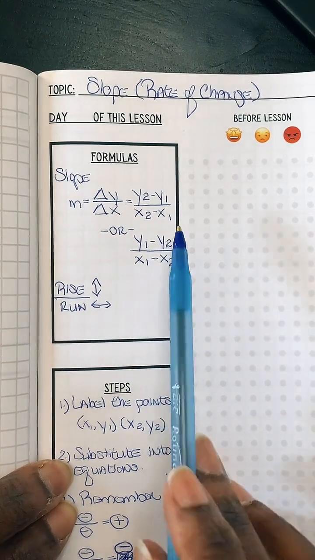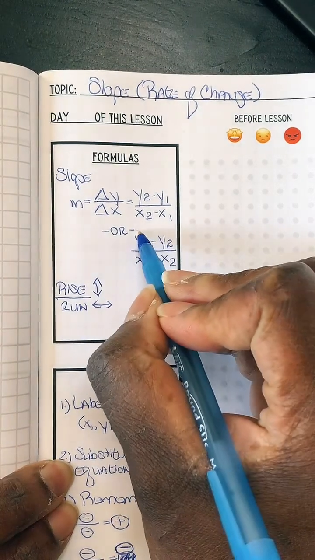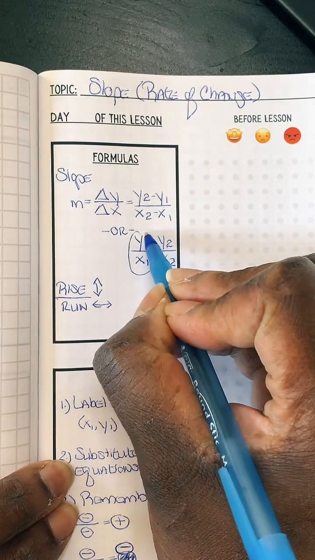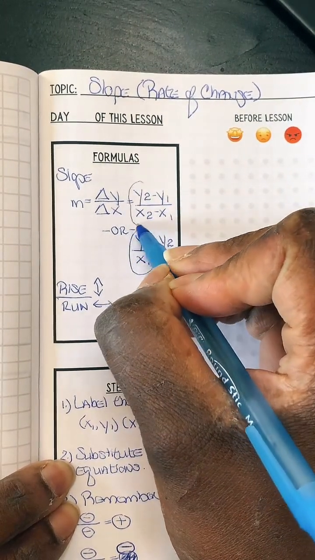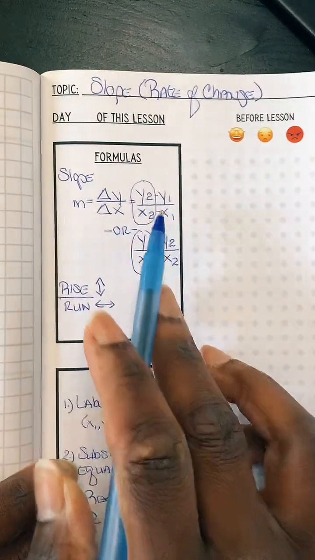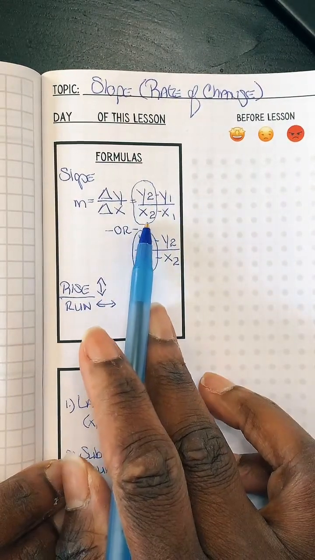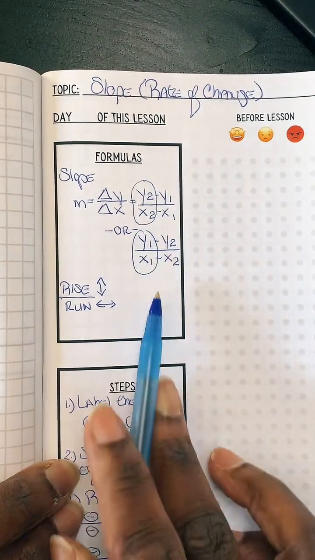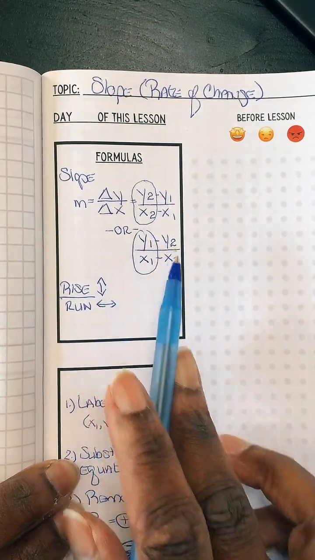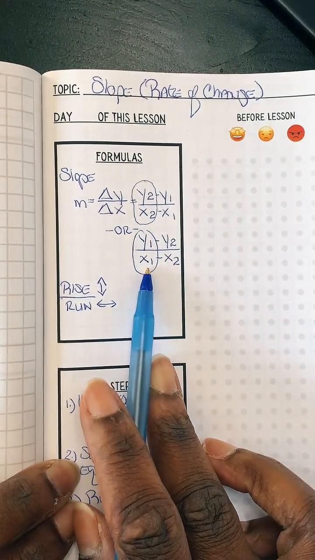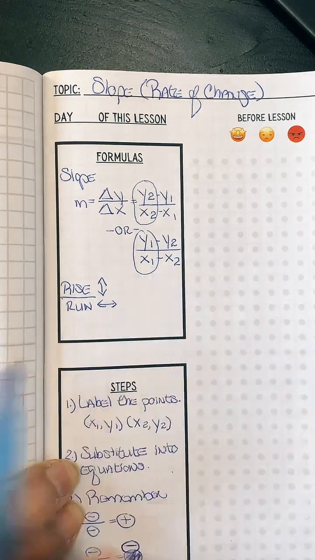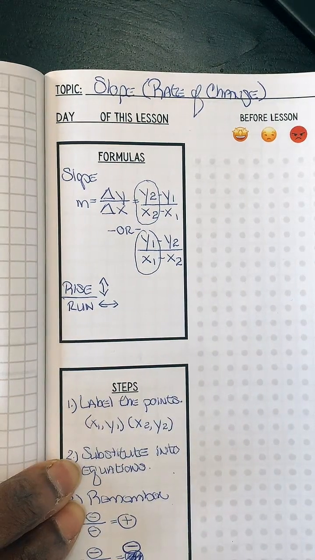But whatever pattern you go, they need to match up. So if you're going to start with the second for the y's, you have to start with the second for the x's. If you're going to start with the first coordinate, that means for the x's, you have to start with the first coordinate, okay?